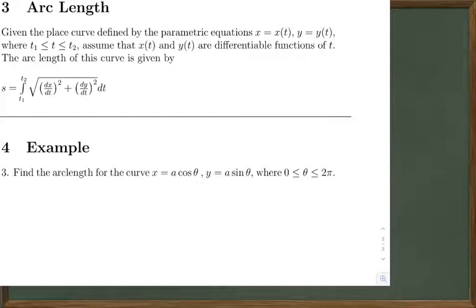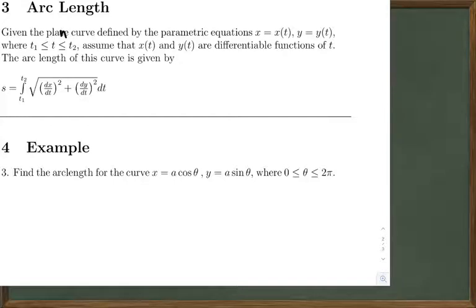So for the arc length, given the plane curve defined by the parametric equations, x equals x of t, y equals y of t, where t is between t1 and t2.